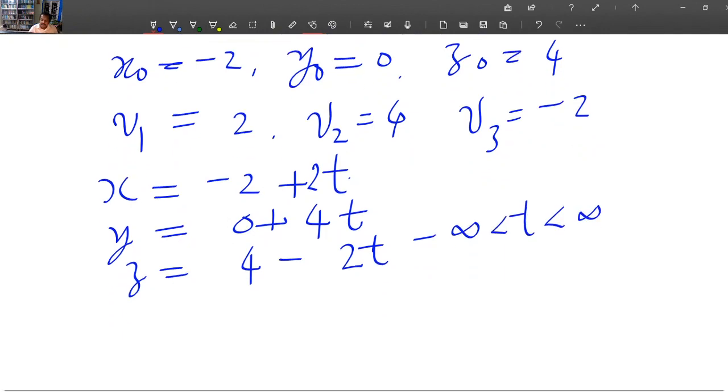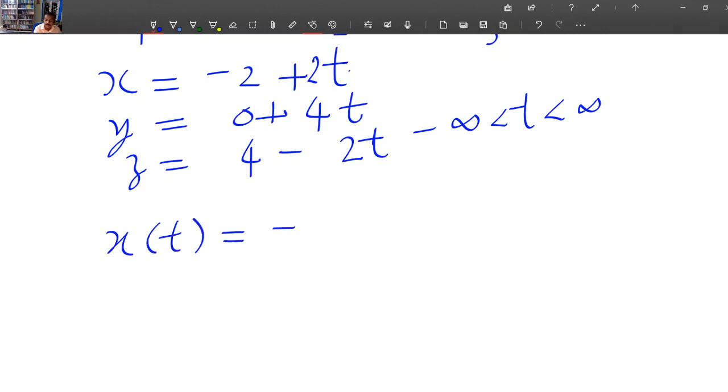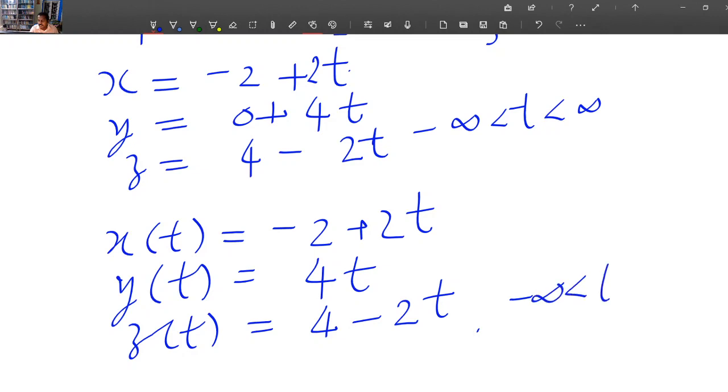So the parametric equation of the given line is x of t equal to minus 2 plus 2t, y of t equal to 4t, z of t equal to 4 minus 2t, where minus infinity less than t less than infinity. So this is the answer to the first question.